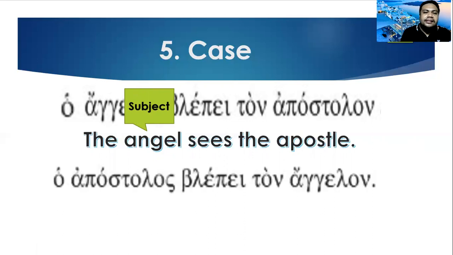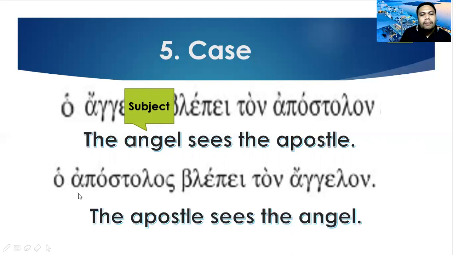The second example here is ho apostolos blepei ton angelon. And the meaning is ho apostolos, the apostle. We have the different article ho, and apostolos is in a singular form. Then blepei means sees, also in third person. And the accusative here is the angel, ton angelon.